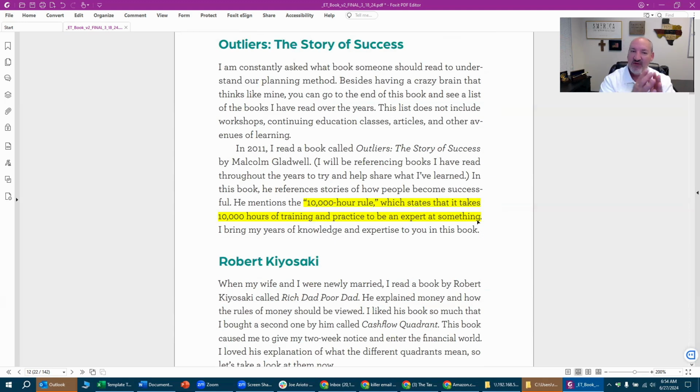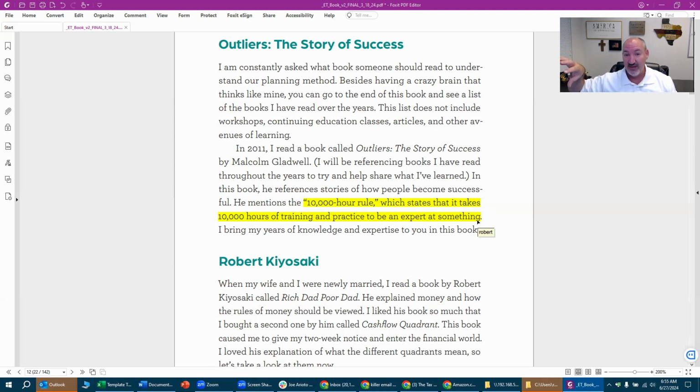Well, because if you read Malcolm Gladwell's book, Outliers, it's a story of success, and he talks about this rule of 10,000 hours, and he used various examples like Gates and Jobs and Kobe Bryant and various examples in the book to show how if you accelerate your 10,000 hours in training and education, you actually become an expert in something.